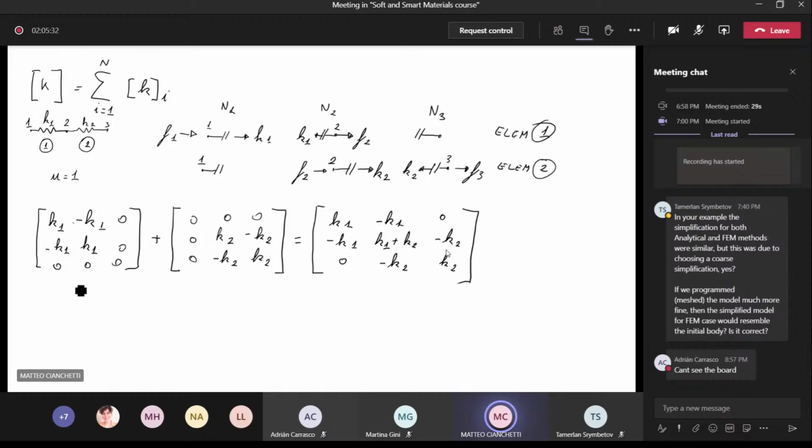Okay, so this is actually K for element 1. This is K for element 2. And this is the global stiffness matrix as the result of the sum of the single element stiffness matrices.